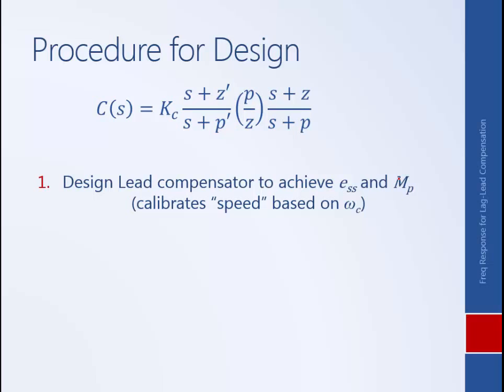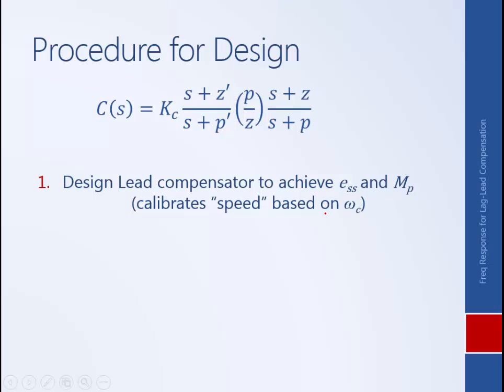We then try to achieve our overshoot on the basis of our phase margin. That relationship between overshoot and phase margin, or phase margin and the damping ratio, is a little loose, especially when we don't have a canonical system, but it gives us a place from which to start. But it's not an exact relationship.